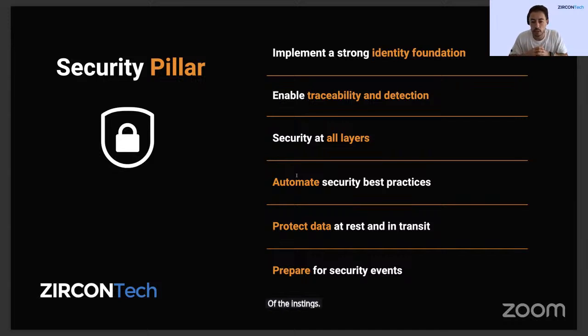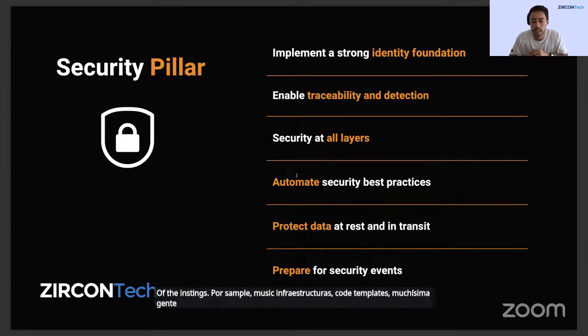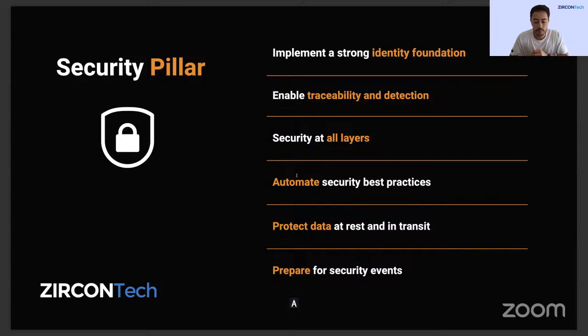For example, using infrastructure as code templates, which is going to save you certainly a lot of time. Then it is important to secure your data at rest and in transit. And typically this comes down to encrypting all the data and providing that protection for your customers and administrators.